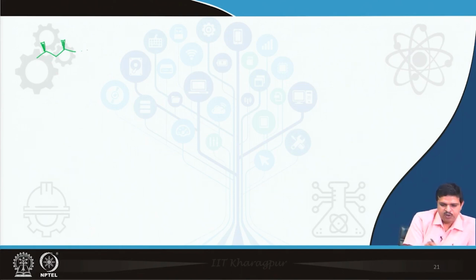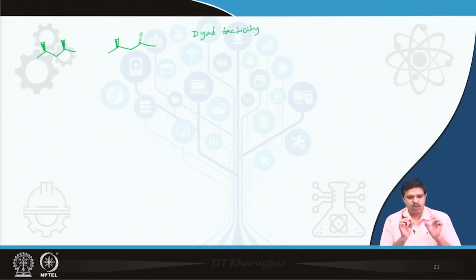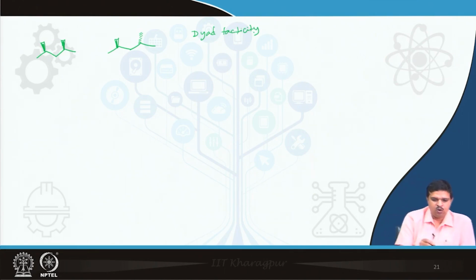And another one I am taking like this. So, this is called dyad tacticity. I am just taking only two repeating units of the polypropylene backbone to understand the tacticity.